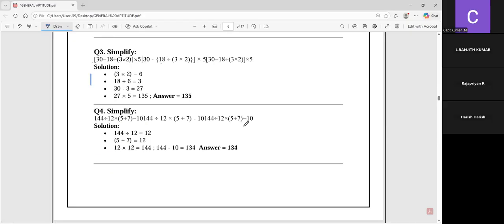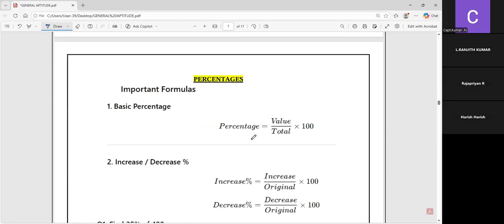Okay. Now we are going to see another topic, percentage. What is percentage? For example, we take a simple calculation. Suppose one student's test mark is 400 out of 500.